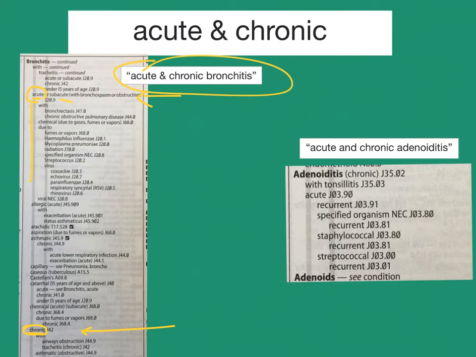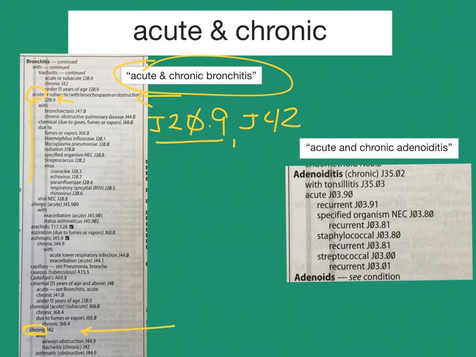So in this particular situation, we would code J20.9 and then pull in the J42 for the chronic. So if there's two subterms, same indentation level, code them both with the acute listed first.